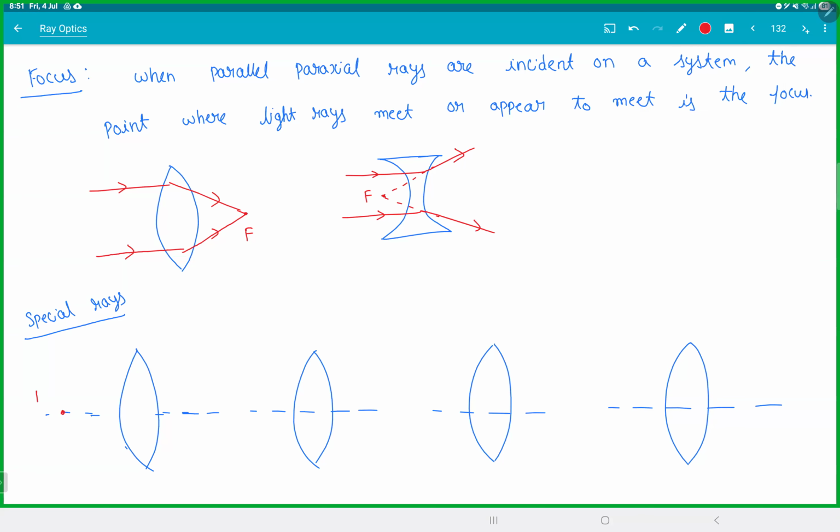If you send a light ray through the focus, it becomes parallel. If you send a parallel light ray, it passes through the focus. If you send a light ray through the optical center, it goes undeviated.